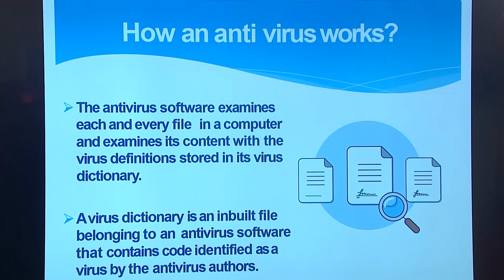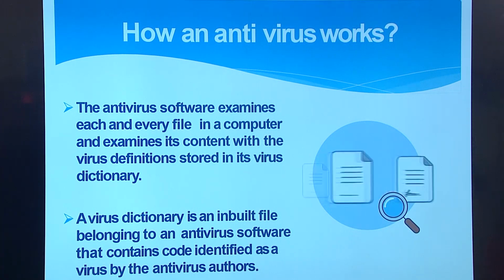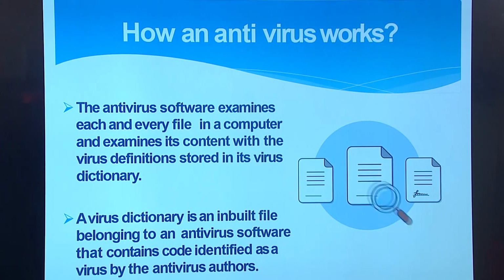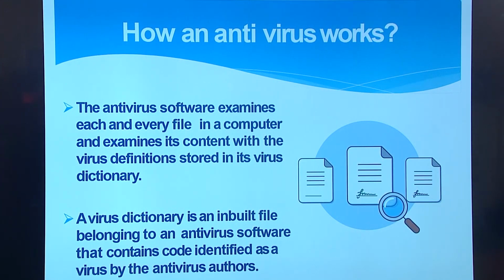So what happens is the antivirus program, once it's on your computer, it checks all your files to see if they are okay. There is what is called a database or a dictionary of all the different viruses that are out there.